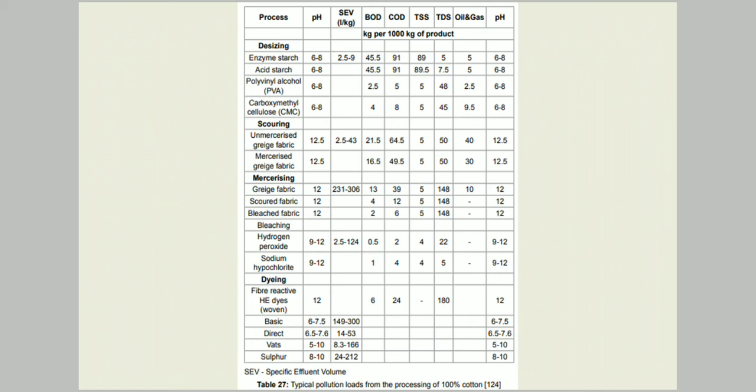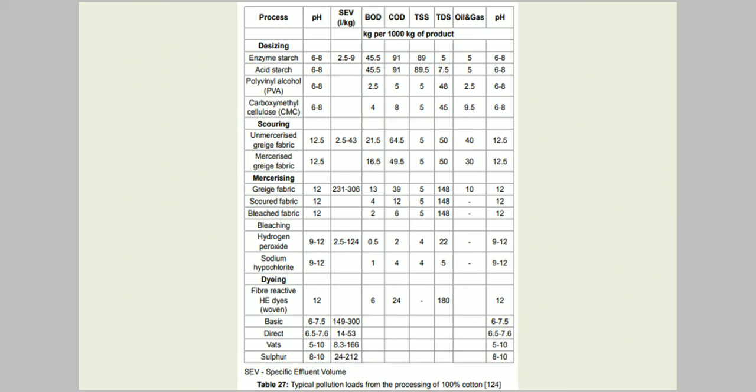And in dyeing, we use reactive dyes for natural fibers. Since cotton is a natural fiber, we use reactive dyes and it is obtained in the effluent. Some basic dyes, direct dyes, vat dyes, sulfur dyes may also be used. If used, it is also obtained as effluent after the process.